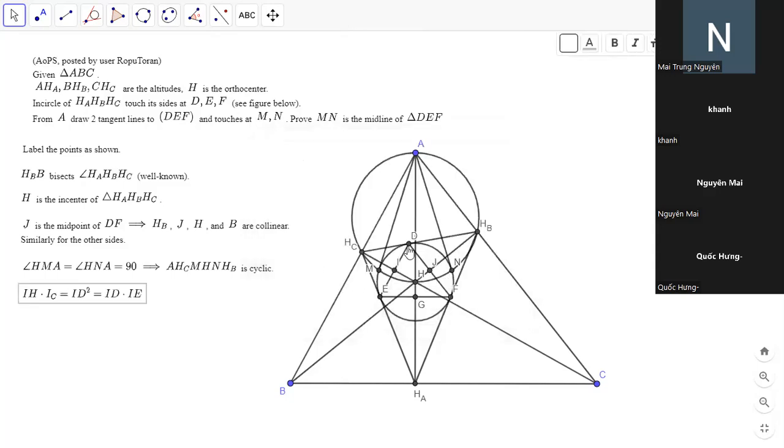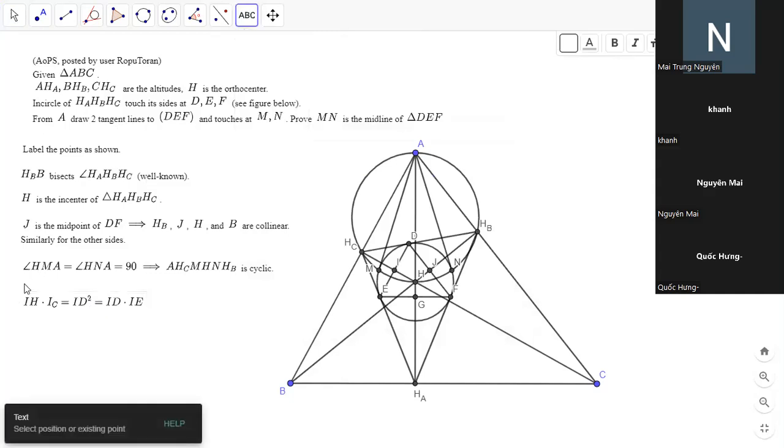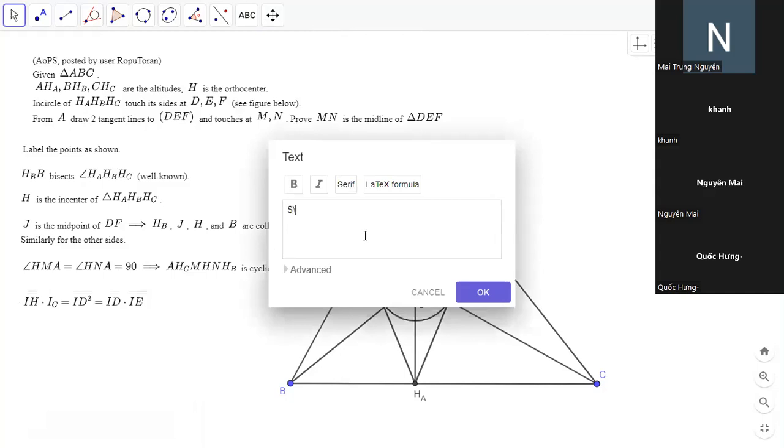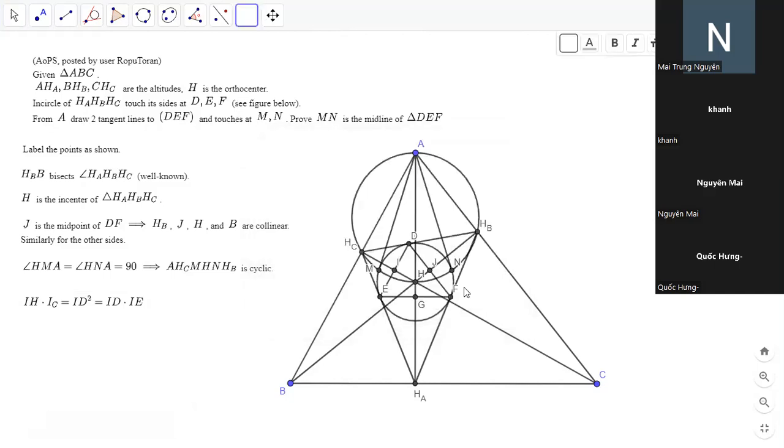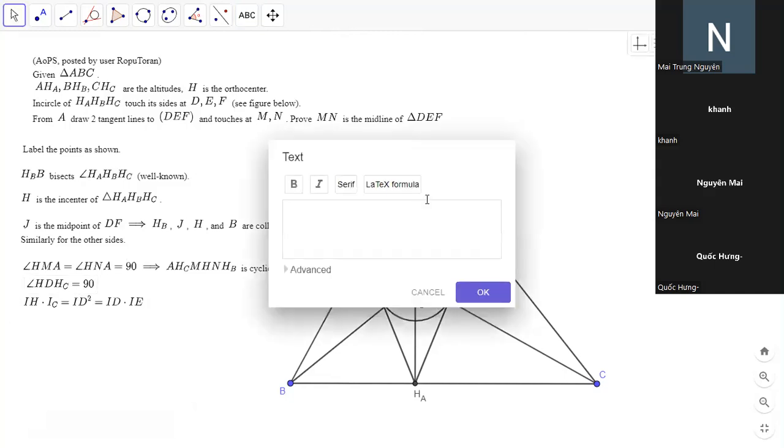So I mean, that's true because angle HDHC equals 90. And so I lies on the radical axis of the two circles.